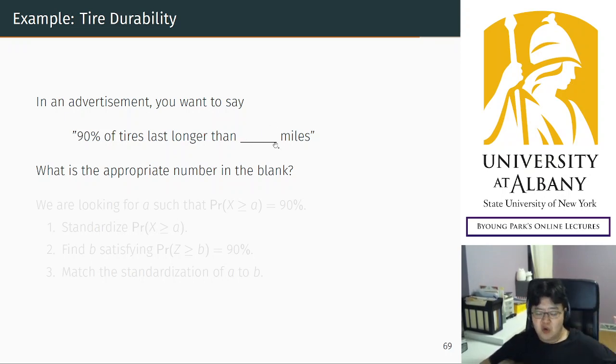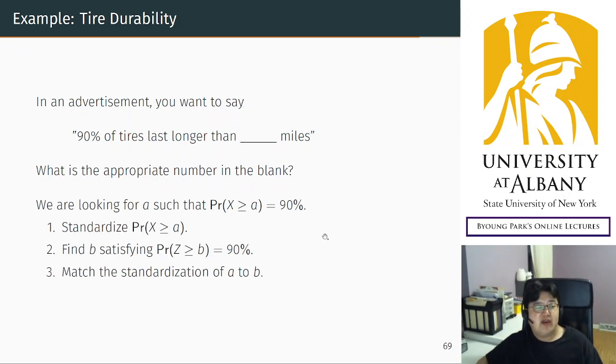So we know the distribution of x, and now what we have to think about is this equation. So let's translate this: probability that a randomly chosen tire lasts more than a number of miles equals 90%.